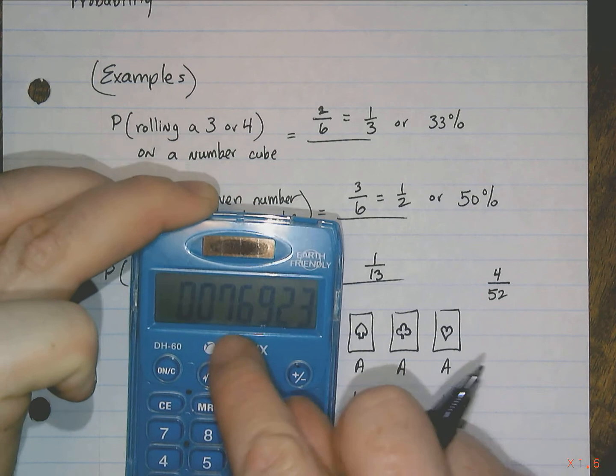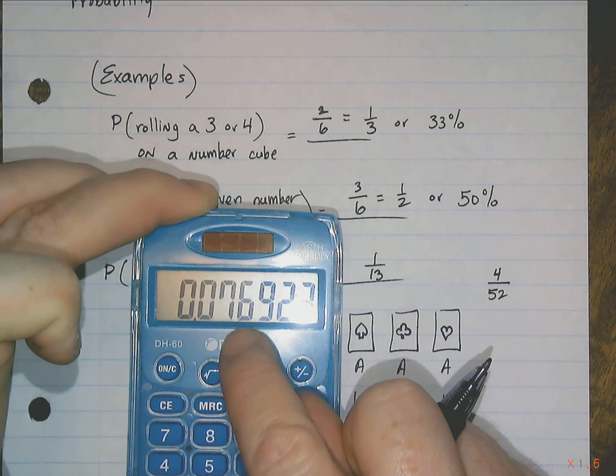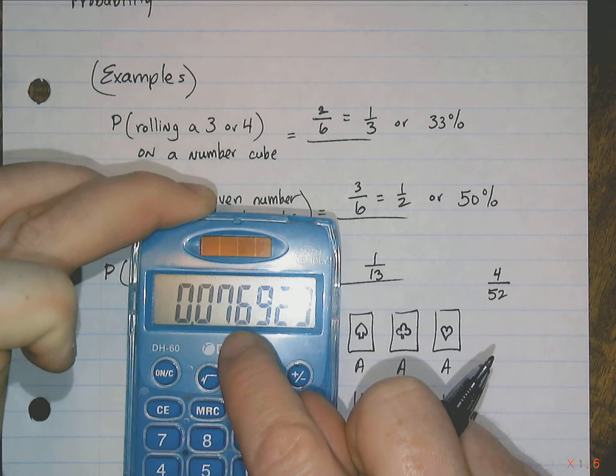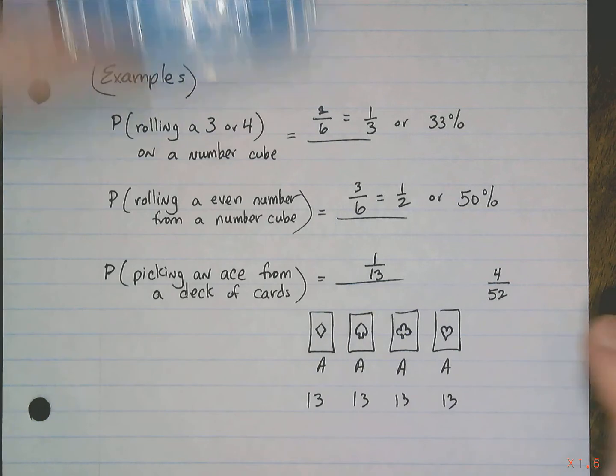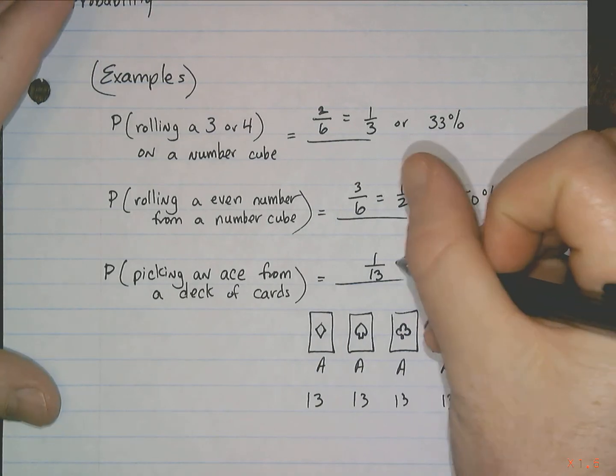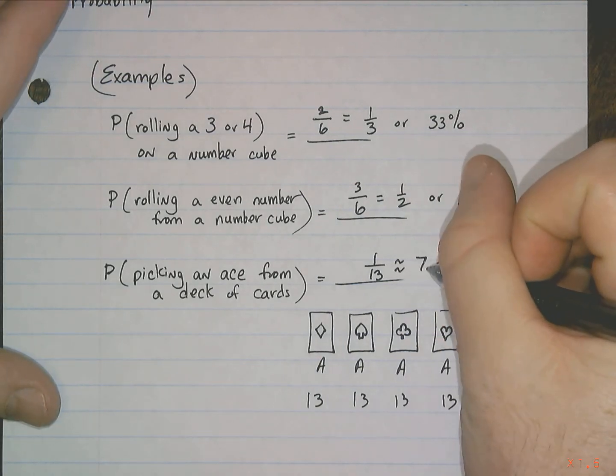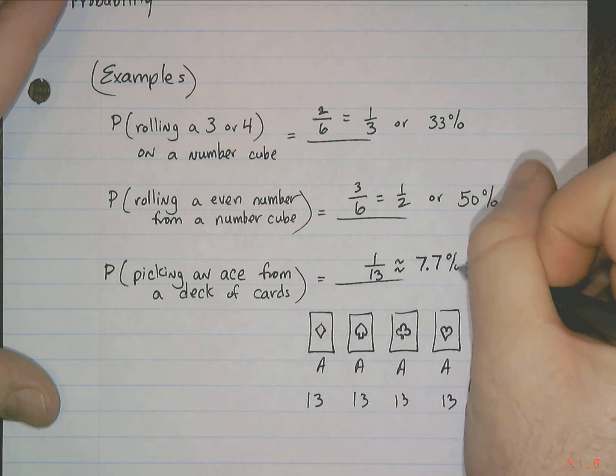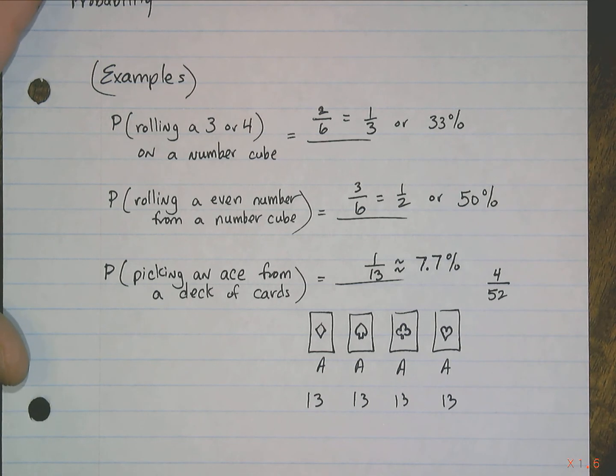You move it to the right 2 places. So 7.6923%. Let's say 7.7%. Around 7.7%. And that's it.